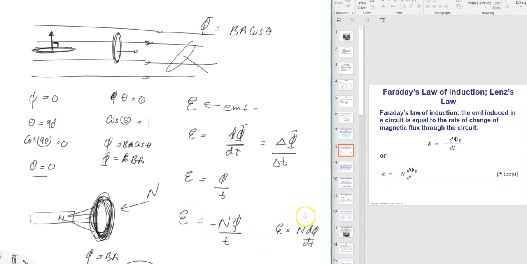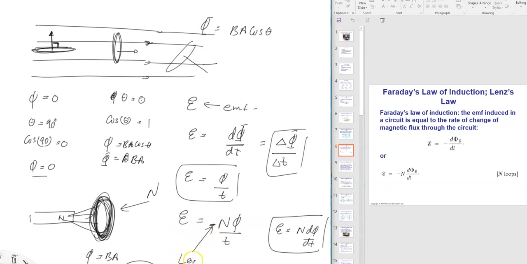Now up to this is Faraday's law, right? Voltage equals magnetic flux divided by time, or change in magnetic flux divided by time, or the rate of change of magnetic flux. That's Faraday's law. What is this negative sign? This is Lenz's law. The negative sign comes from Lenz's law.